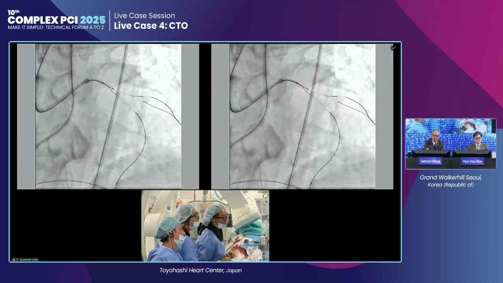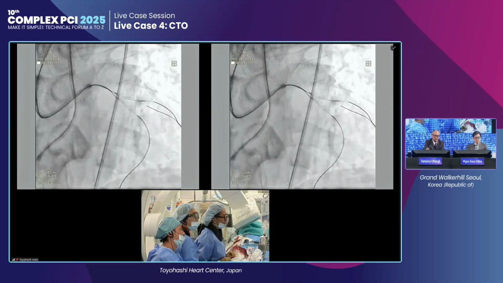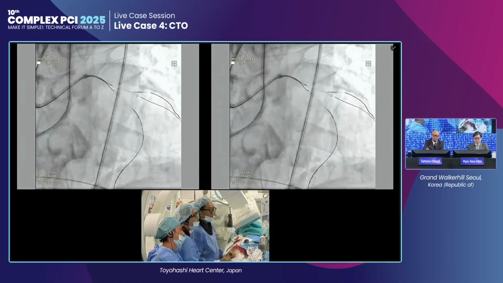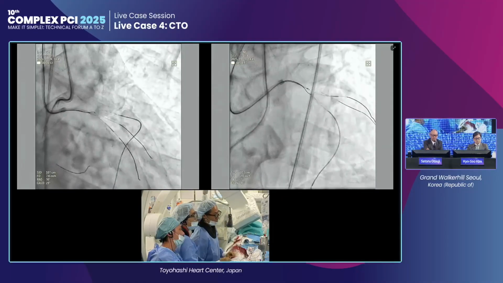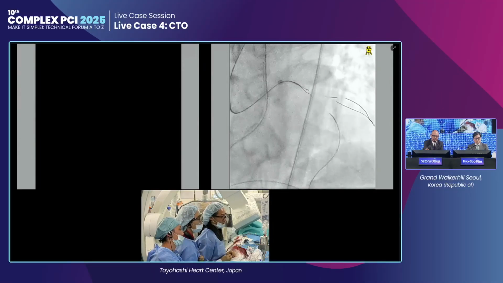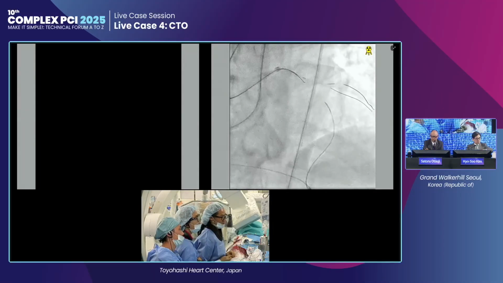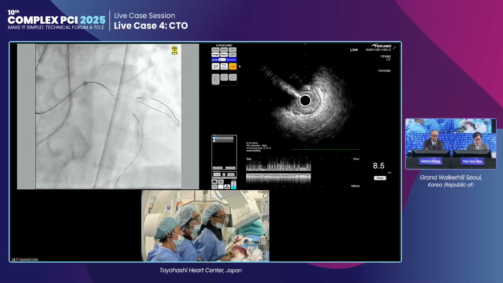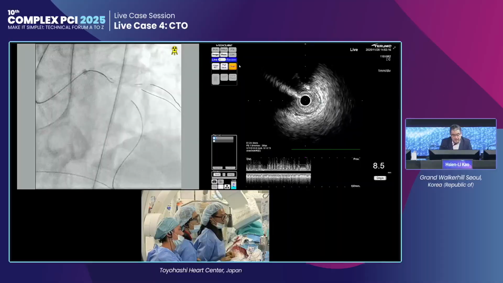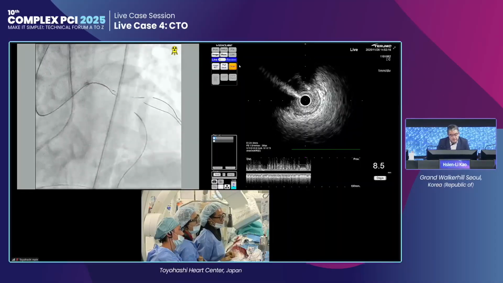It's a better situation than before. Yeah, that's right. So we have a retrograde wire. That's why it's better than the previous session. You go for the bending portion of your retrograde wire, because that's supposedly the bifurcation of the diagonal and LAD.